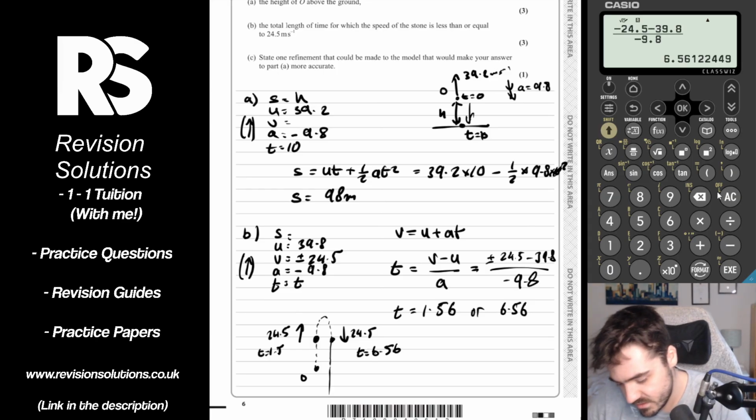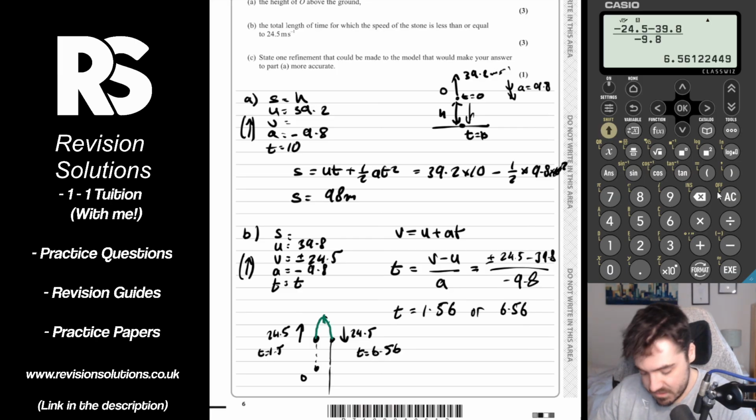And then our question is interested in the total length of time for which the speed of the stone is less than or equal to that. That's always going to be this section above, right? So at the very top, it's 0 meters per second. And if you go down here, it's going to be accelerating the whole way, so it's going to be greater than, right? And it started off greater than in this section. So it's the time in between those two times. So if we do this one time minus the other, we'll get the length of this green part of the journey in time.